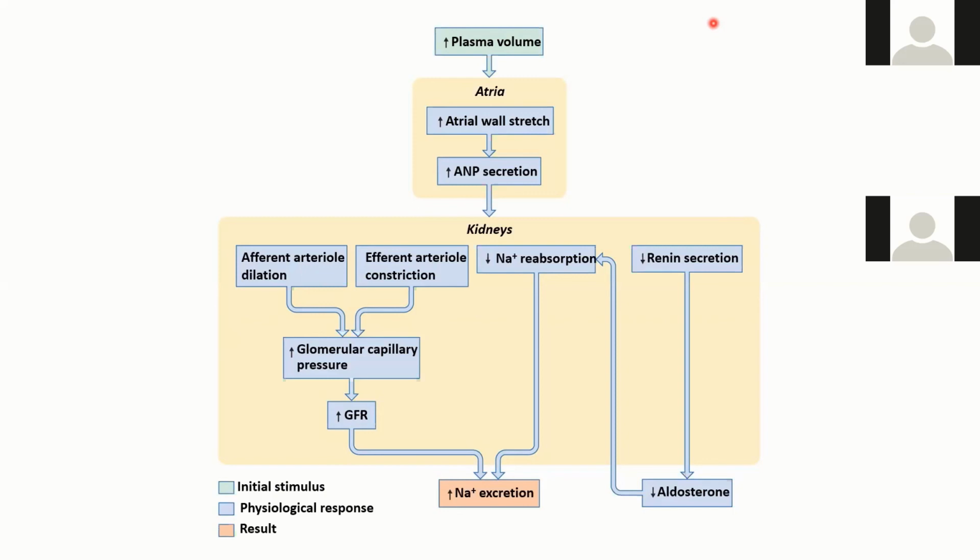Okay. The other thing that ANP is doing is decreasing sodium reabsorption by closing those sodium channels in the apical membrane of our principal cells. We have a lot of sodium flowing through the nephron just because we've increased the glomerular filtration rate. So we have a lot of everything flowing through the nephron, but at the same time we're stopping it from getting reabsorbed.